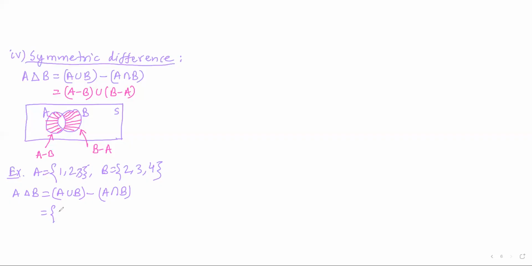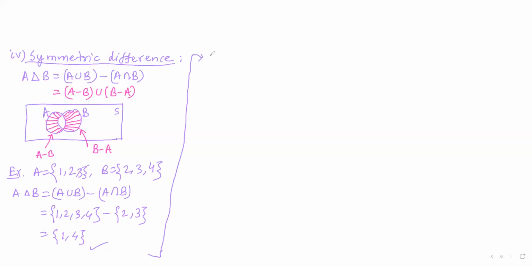That is, this A union B will contain 1, 2, 3, 4, minus A intersection B, meaning only the common elements we have to take, that is 2 and 3. Now from 1, 2, 3, 4 we have to subtract 2, 3. Then the remaining part will be 1, 4. So this will be the symmetric difference between A and B. So in this way, we can easily calculate the symmetric difference between A and B.